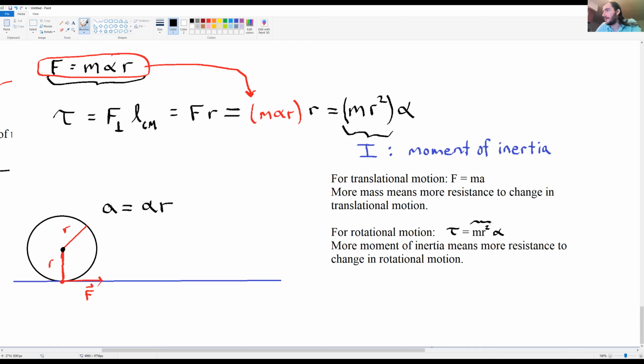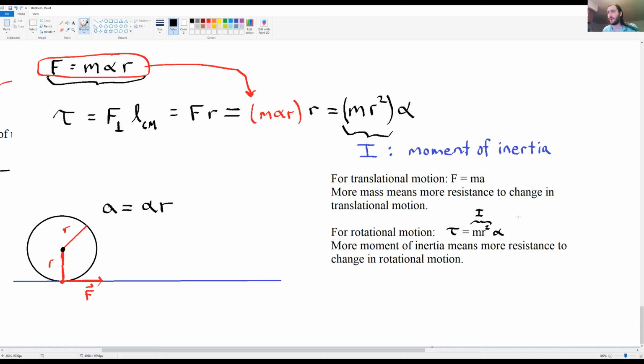And this quantity here we call I, which is moment of inertia.